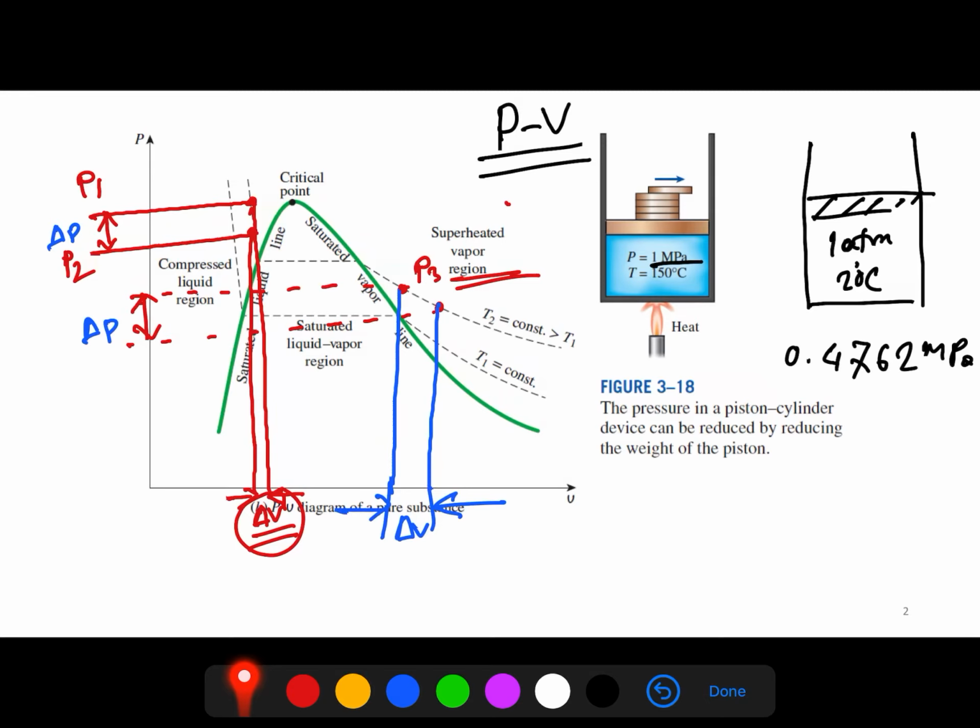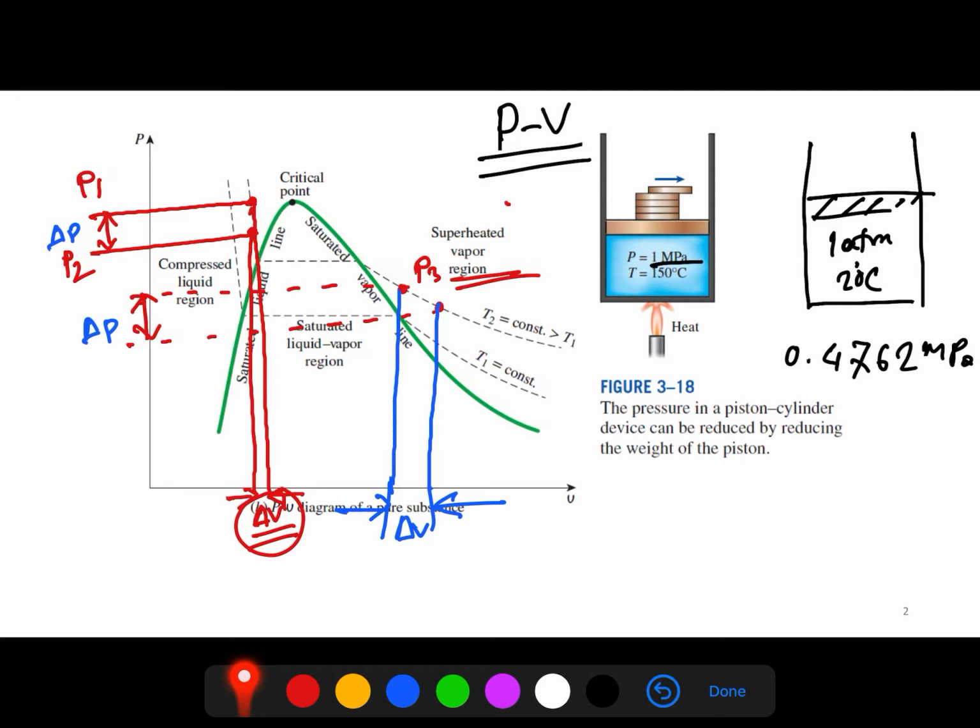I'm telling again, the specific volume change will be significantly higher in the vapor region than in the liquid region, especially for the PV diagram. So those are the observations from this PV diagram.